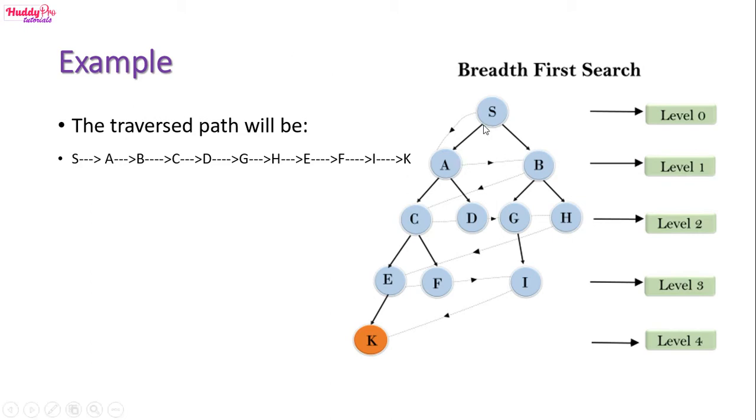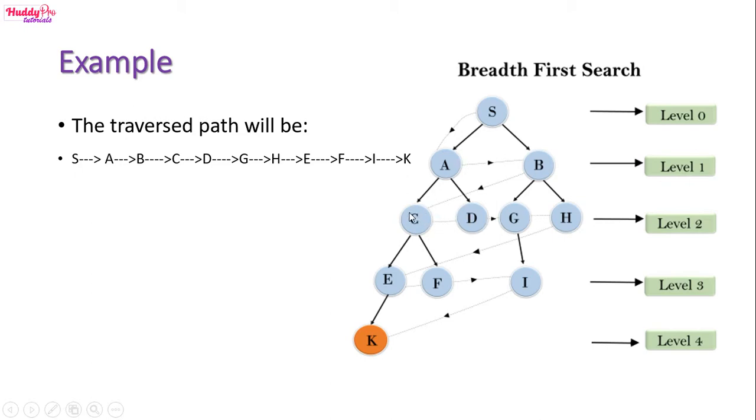So it will travel from S to A to B. So this is level 1. There's only one node it has exhausted. That's the starting node. So it goes to A. On level 1, we have two nodes, A and B. So breadth first, it will first traverse to B. Then it goes to C. Now on the level where we have C, that's level 2, we have all these nodes.